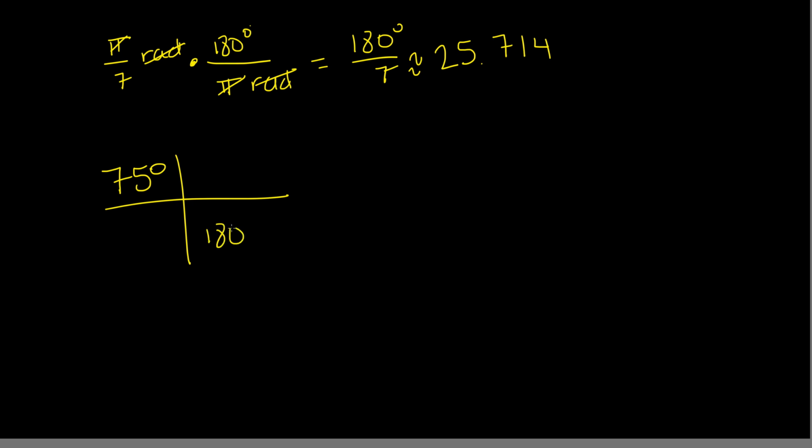Again, 180 degrees, pi radians, because we want to convert to radians. We want to cancel out the degrees. We get 75 divided by 180, which is another approximation. Do I want to do the approximations? No, we're not going to do decimals. What we're going to do is make this into a fraction so we can be precise: 5 pi over 12.